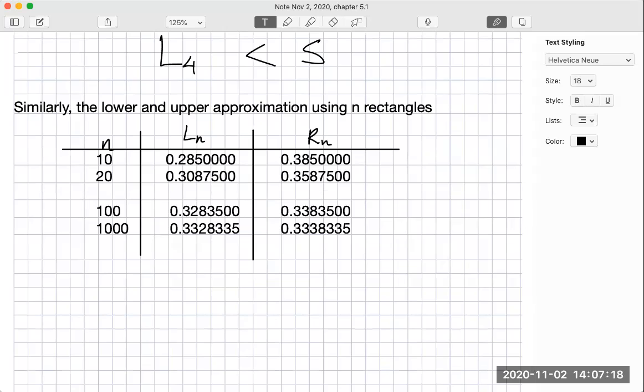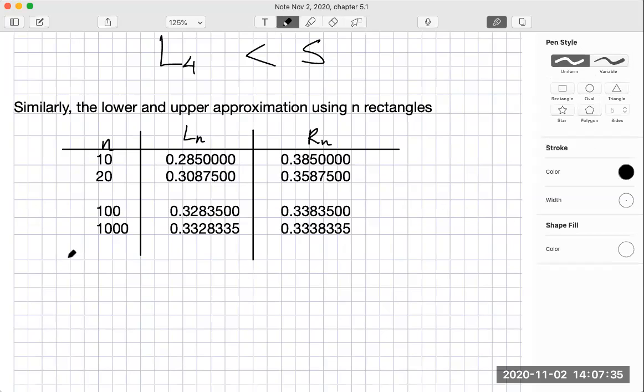You see that according to this table, if we approximate the real area by more rectangles, the lower and upper areas will come close to each other, right? And finally, we conclude that the area is approximately 0.3333335.